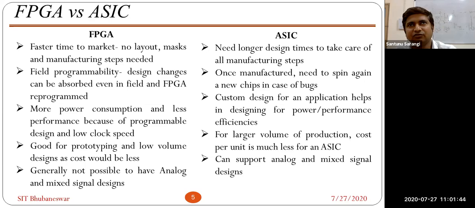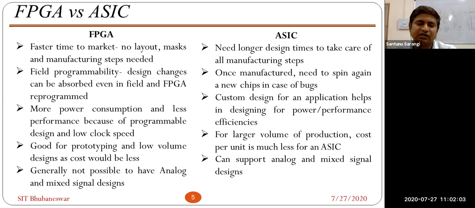Again you have to write the code, then gate-level netlist, verification, placement, routing, then fabrication. So we have to spend another 1 or 2 years to get the chip. That's the difference.